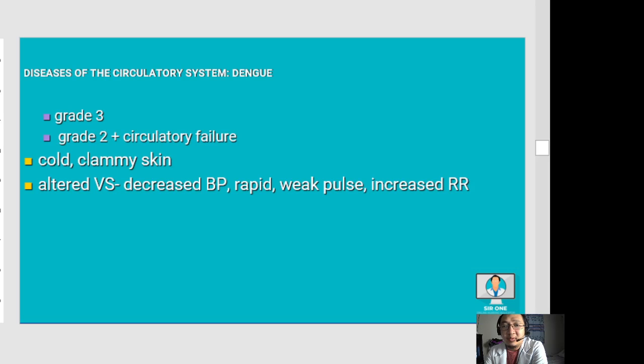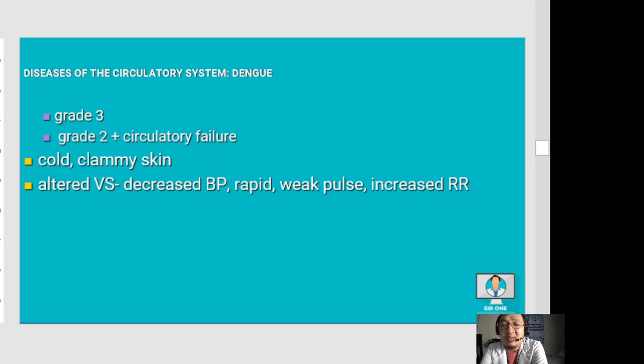So I was referring to the picture that any age can be affected by dengue. One of the misconceptions is that it's only for children. No, regardless of age, dengue can be experienced. Grade 3 manifestations are manifestations of grade 2 plus circulatory failure, or circulatory collapse.